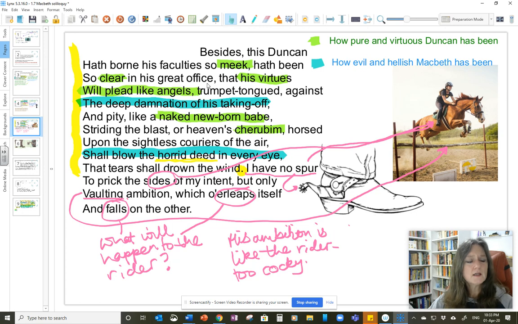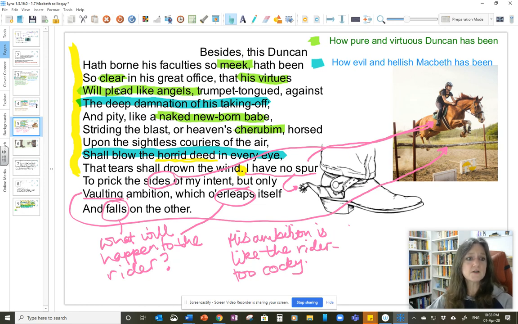But clear can also mean innocence, like perhaps his conscience is clear as well. So you've got that innocence there as well, the clarity and innocence in his great office, that he's not sly, that you can see the reason for him doing everything that he did. And then Macbeth talks about King Duncan's virtues, and that means all the good. So your virtues are all the good things that you do.